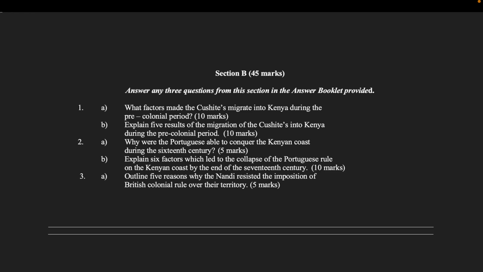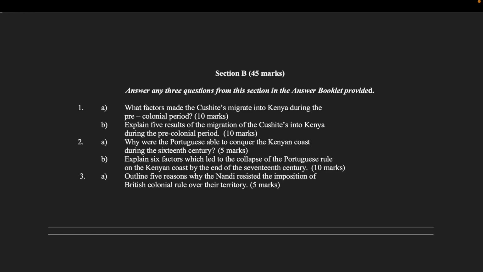(b) Explain five results of the settlement of the Kushites in Kenya during the pre-colonial period. The Kushites came with their own livestock and so encouraged livestock farming in areas where they settled. Their settlement led to increased rivalry and conflicts for ownership of land.